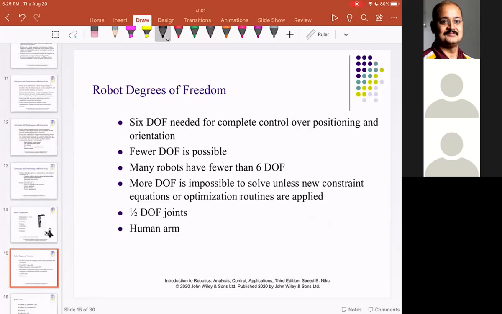Now, think about degrees of freedom. So what do I mean by degrees of freedom?